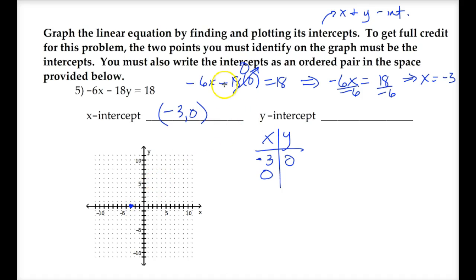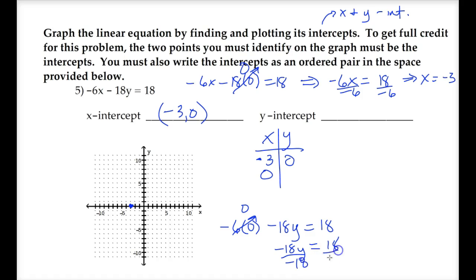And so now we do the same thing for the y-intercept. To find the y-intercept, we let x equal 0. So I'm going to come down here and do that. So negative 6 times 0 minus 18y equals 18. Of course, that goes to 0, which just leaves us with negative 18y equals 18.